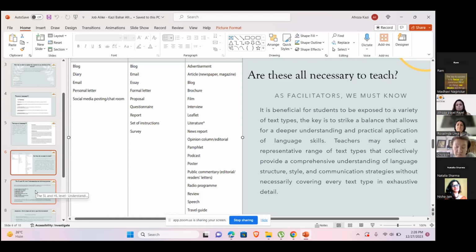This is my experience. Most of the time they do not cover all text types like personal, professional, and mass media. They pick the very useful text types.